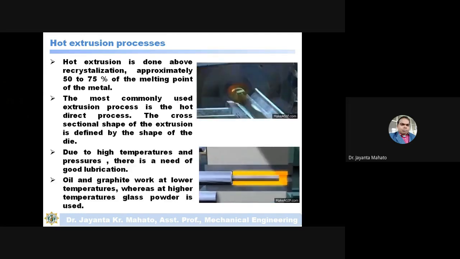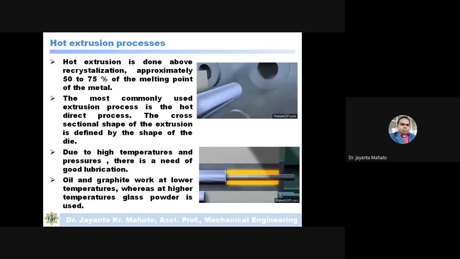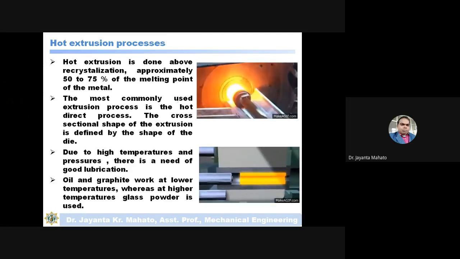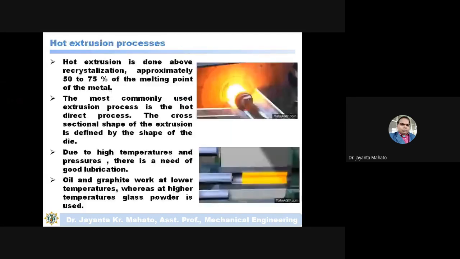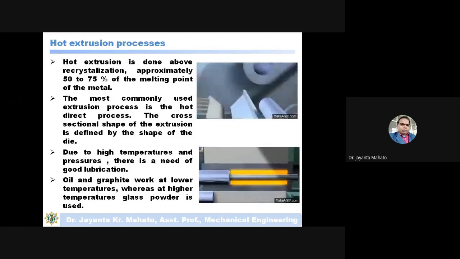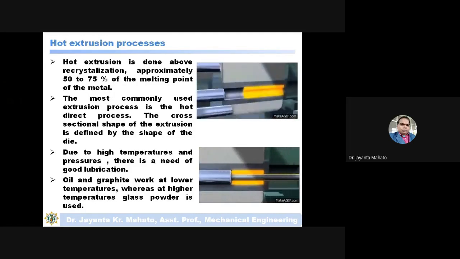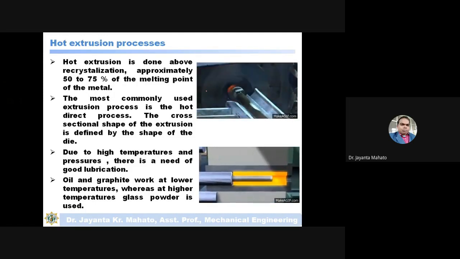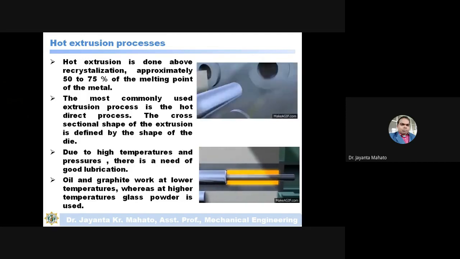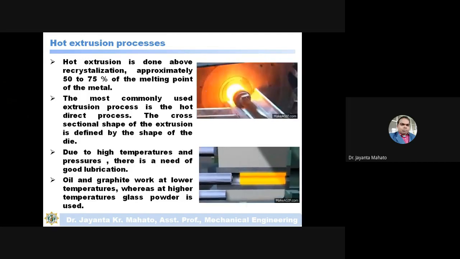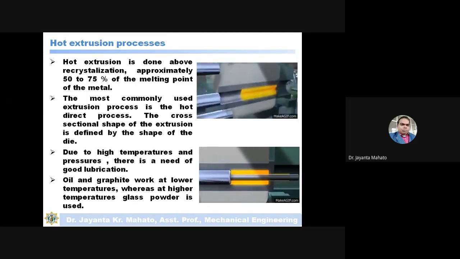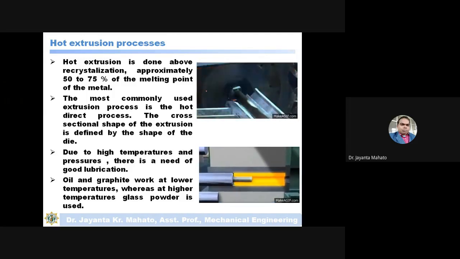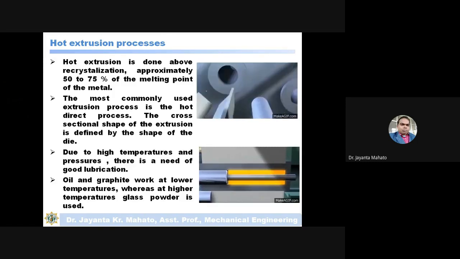Oil and graphite work at a lower temperature, whereas at a high temperature glass powder is used. So just remember this: hot extrusion is done at a high temperature, above the recrystallization temperature, and as this process is carried out above the recrystallization temperature, the required force is less compared to the cold extrusion process.